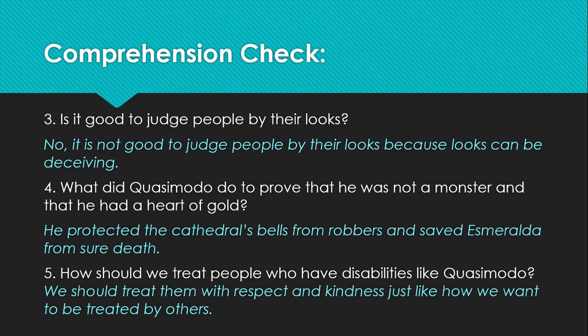How should we treat people who have disabilities like Quasimodo? We should treat them with respect and kindness, just like how we want to be treated by others. You know, having a disability like what Quasimodo is suffering is already a suffering.